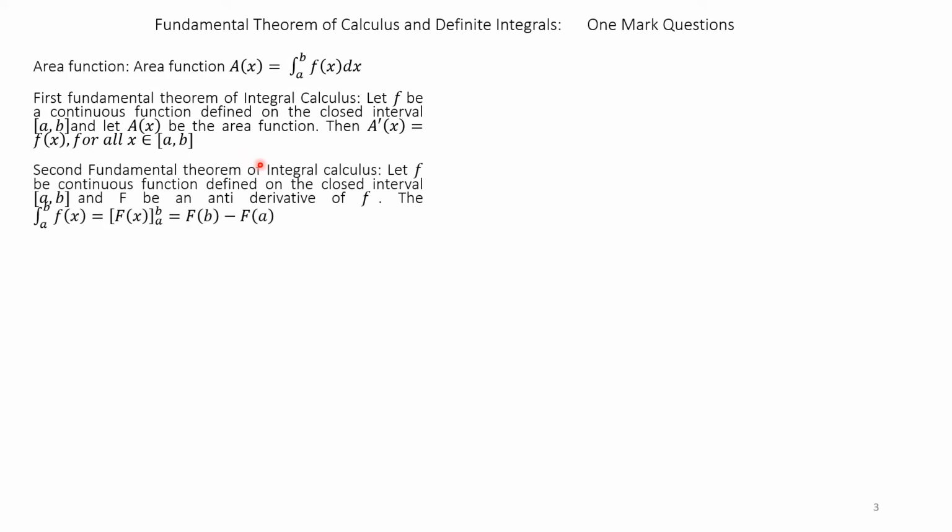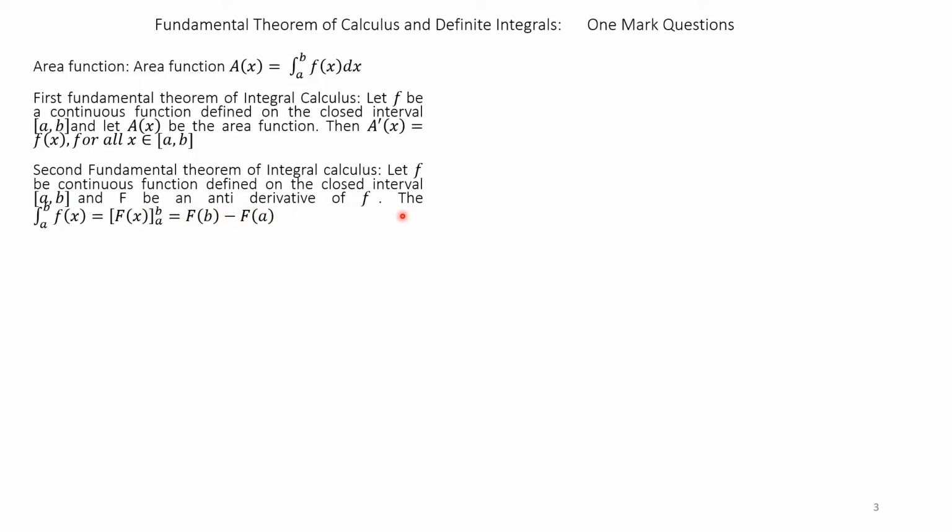Second fundamental theorem of integral calculus. Let f be a continuous function defined on the closed interval [a, b], and F be an antiderivative of f, that is, F be an integral of f.